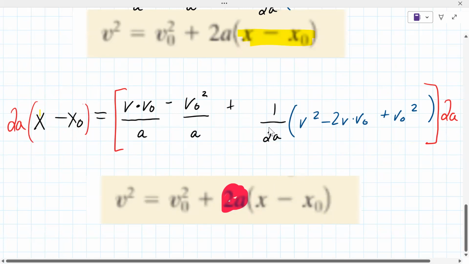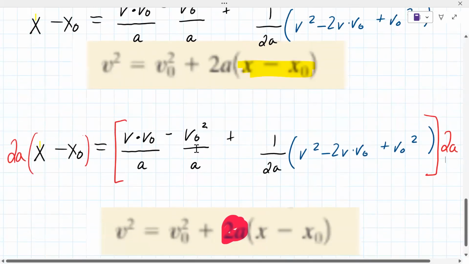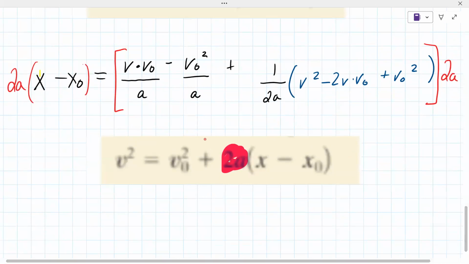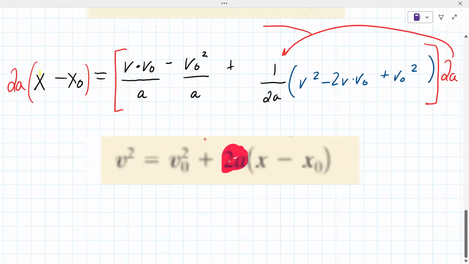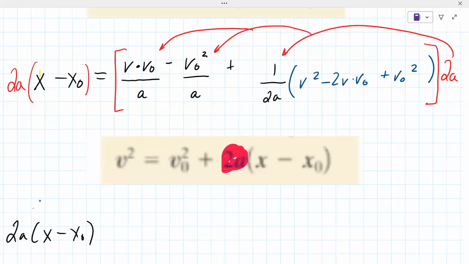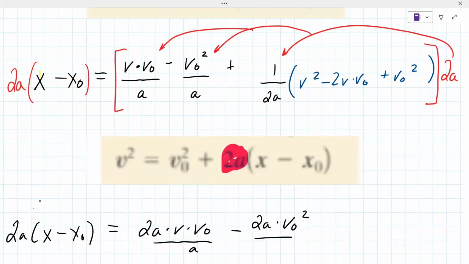It just so happens that 2a is the common denominator on the right. So here's how that looks when we're multiplying it into this term and then this term. 2a(x minus x0) equals 2a v times v0 over a minus 2a times v0 squared over a plus 2a over 2a (v squared minus 2v times v0 plus v0 squared).